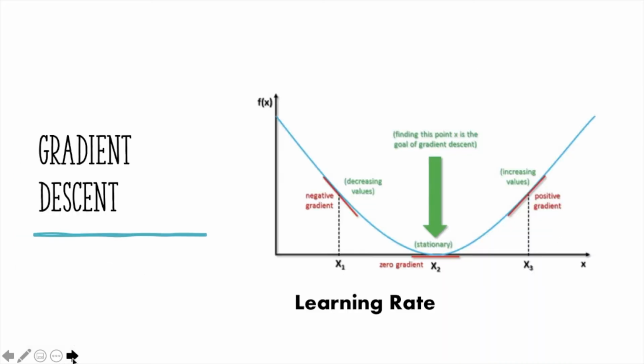It is easier said than done, because if you happen to increment your weight, say from x1 to x3, that means in all probability you will miss the gradient. Or if you do it in very small intervals, then it will take multiple iterations for you to reach the gradient.